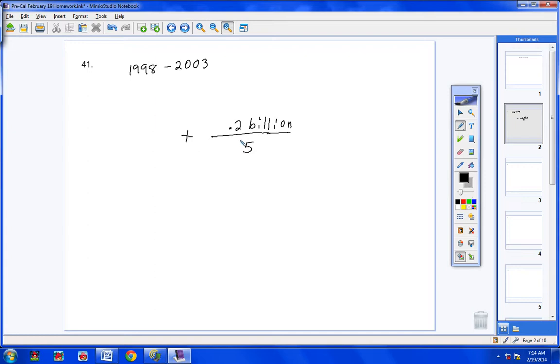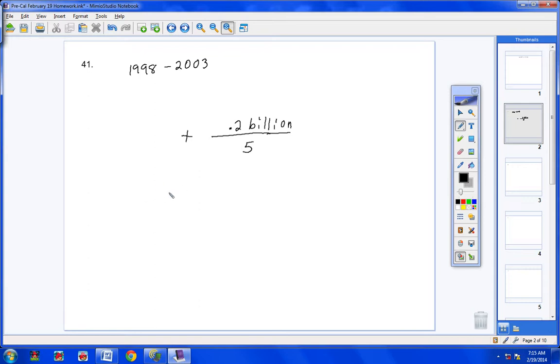Okay? So with your calculator, if you were to type in 0.2 divided by 5, you would get 2 over 50, so 1 over 25. What you would end up getting is 0.04.